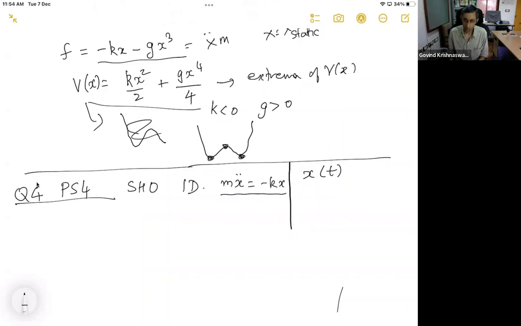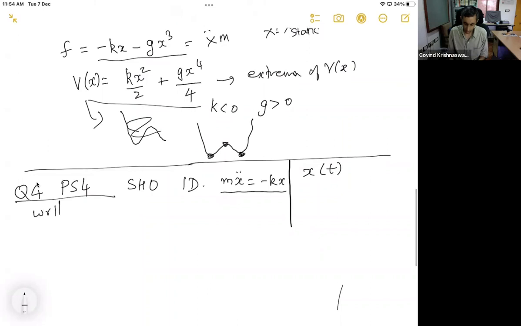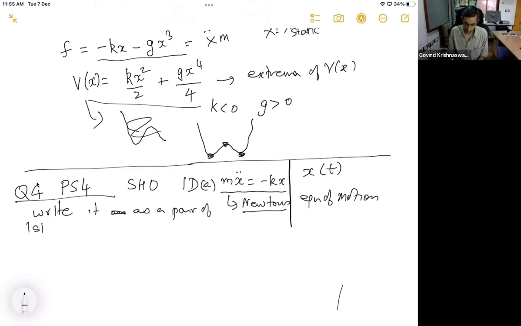One comment I want to make is that the first part was simply to write the equation of motion. This is what we mean by that: Newton's equation of motion, which is second order. Then we asked to write it as a pair of first order equations.